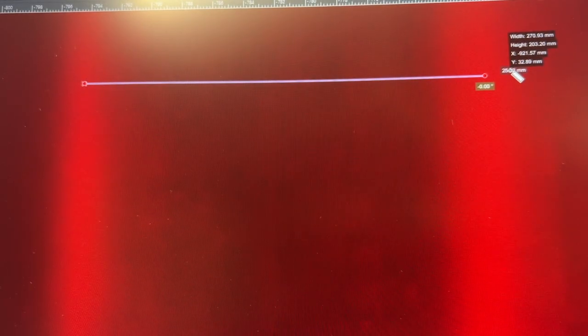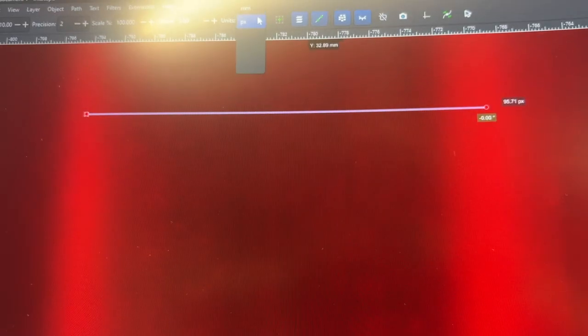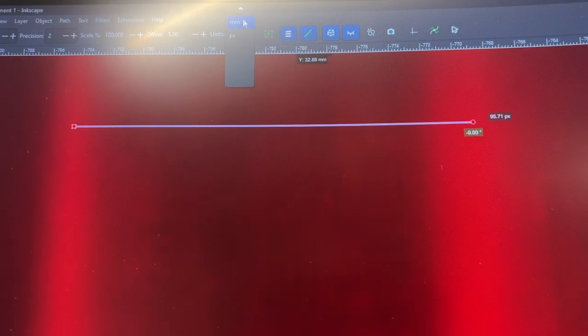Okay, why is that measuring in millimeters? Yeah, there's no calibration. How would it know how many millimeters that is? Yeah, so if your measurement tool is measuring in millimeters, ignore it. It doesn't really matter as long as it's doing the same thing every single time.